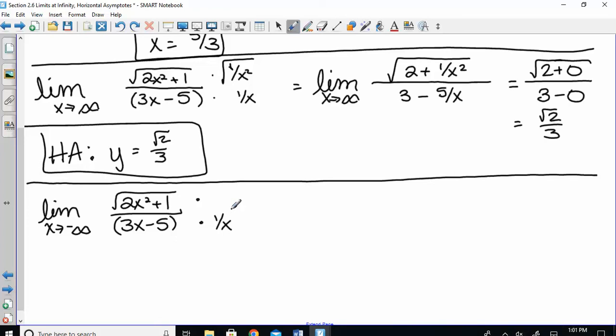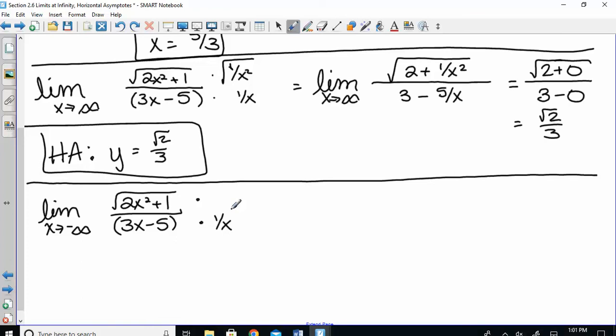Okay, now this one is slightly different. Here's why. As x is going to negative infinity, 1 over x is what kind of number? It's negative this time because we're going to negative infinity. So I'm plugging in -5, -6, -7. But when I square it and do the square root, what kind of number am I getting? Since you squared it, it'd be positive.